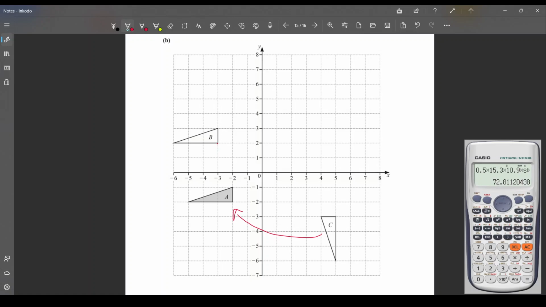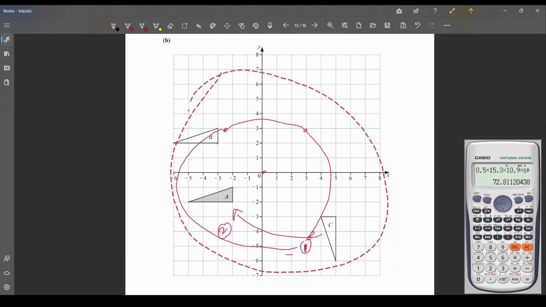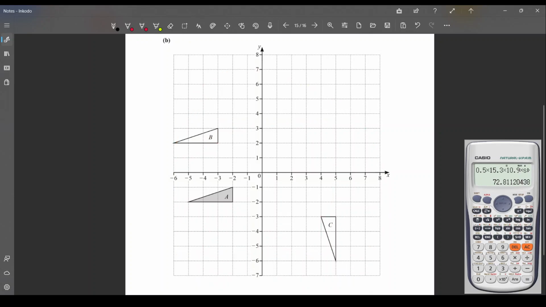You have to place your trace paper, draw this diagram, and rotate it. After it reaches this quadrant, it is only 90 degrees. Moving back to this one it is 180, this is 270, coming back is 360, so it is just rotated 90 degrees. And you have to find out the center of rotation using the trace paper.